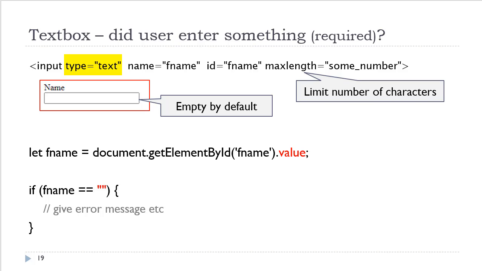By the way, there are about 20 HTML elements that are created using the input tag, and they all vary by the value of the type attribute. Text is the default. So we have a name attribute and an ID attribute. There is also in HTML a maxlength attribute, which limits the number of characters that a user can type in.